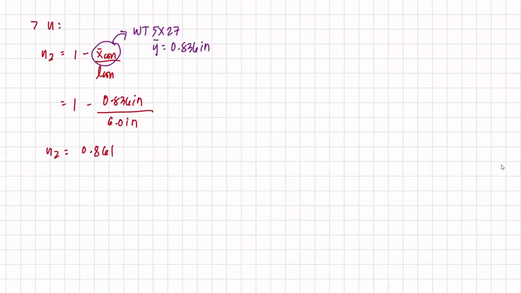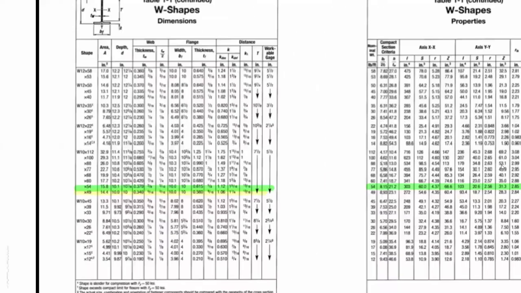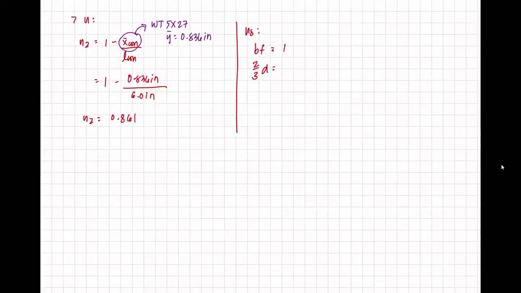Okay. And then we have another one, yung according to case 8, U8 natin. So kailangan natin ng value ng width ng flange and 2/3 ng depth. Okay. Width and depth. So let's check. For width ng flange, BF is 10, then depth is 10.1. So 10.0, then 2/3 of 10.1.